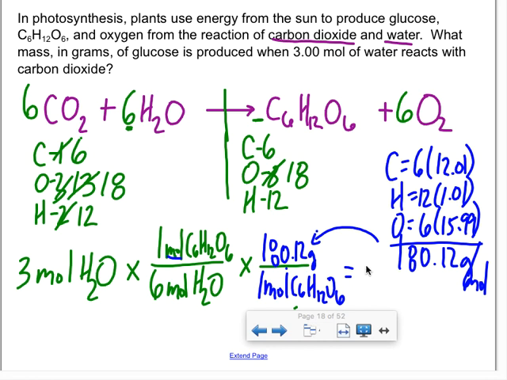And I get approximately 90.06 grams of C6H12O6. Now, I'm not going to be picky on sig figs here. I should be, but I'm not because of this whole distance learning thing. So, yeah. This was my mole ratio.